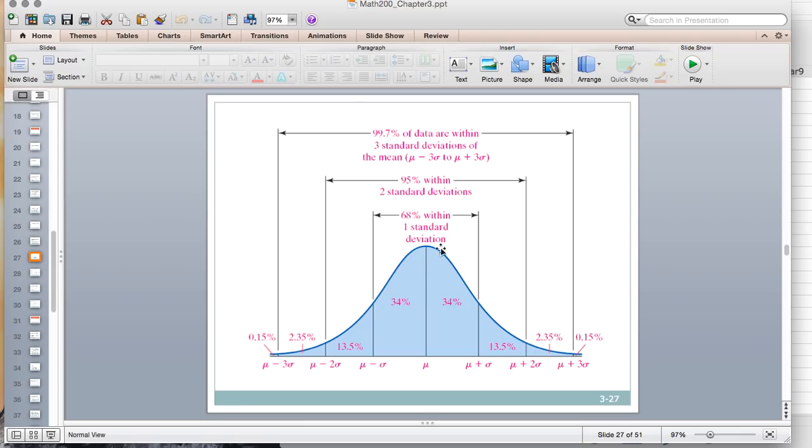Now, the other thing to note here, I want you to keep in mind that this is symmetric, okay? So the 34% are there because we know that within 1 standard deviation, we have 68%. So if we take that 68% and divide it into 2 pieces, it gives us 34% and another 34%.